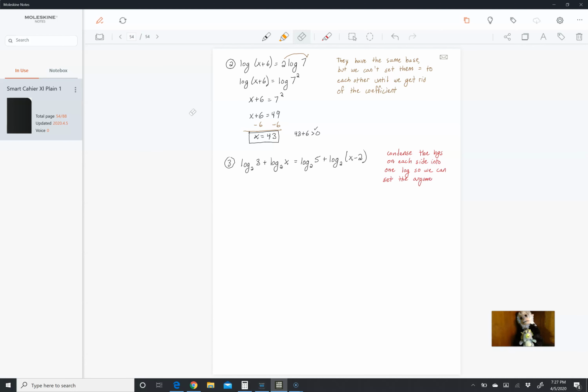Again, if you have different bases, you're stuck. So we're adding logs, so we multiply. This is log base b of x plus log base b of y is the same thing as log base b of x times y.